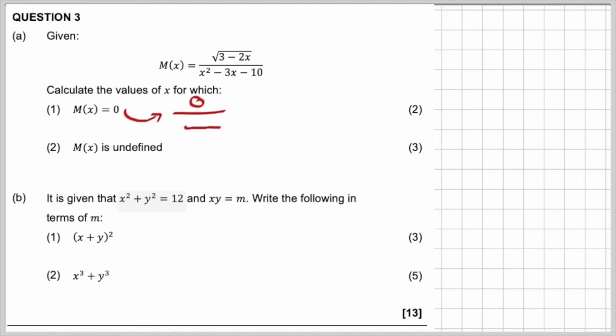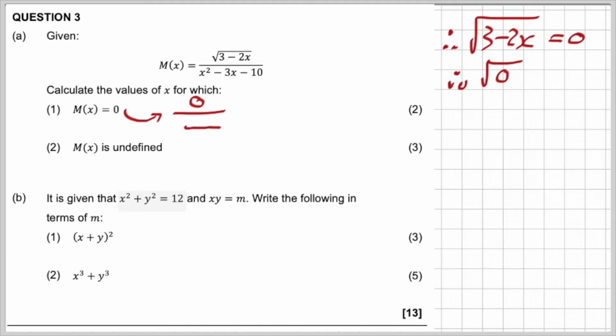When is something divided by something else equal to 0? Well, when I have a 0 at the top, like I wrote there in red. So in other words, we are actually saying the numerator must be 0. So the root of 3 minus 2x must be 0.